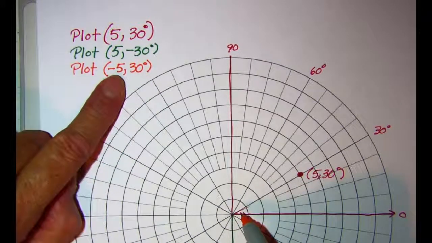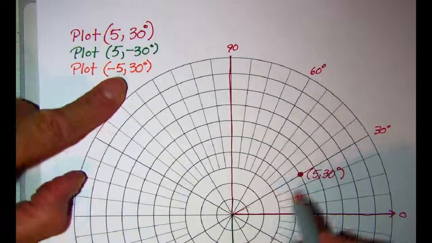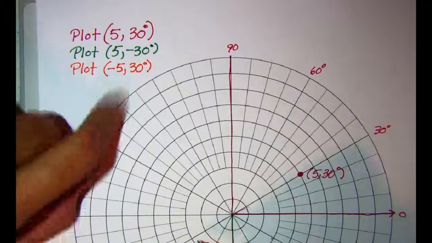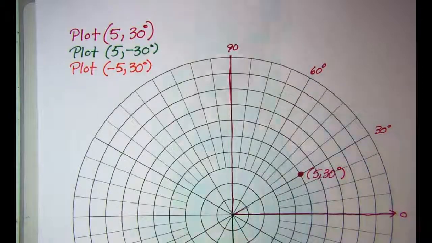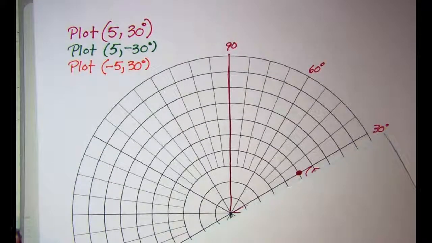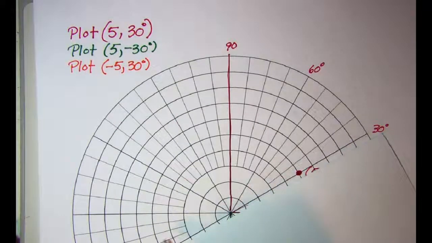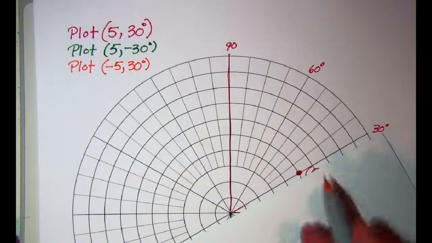But the negative 5 says I'm needing to go backwards. So a straight line here, take a ruler or a piece of paper or something that would show you that vector in both directions without all the confusion of everything else going on.